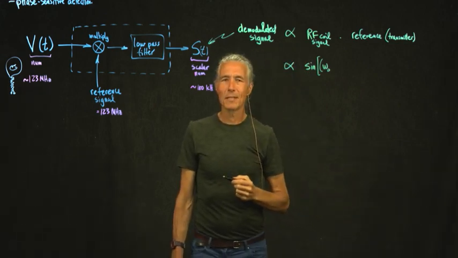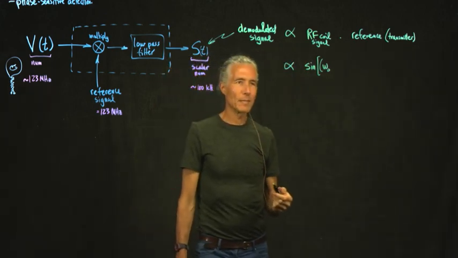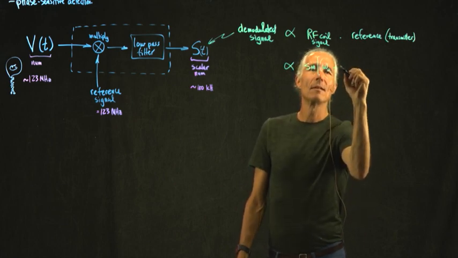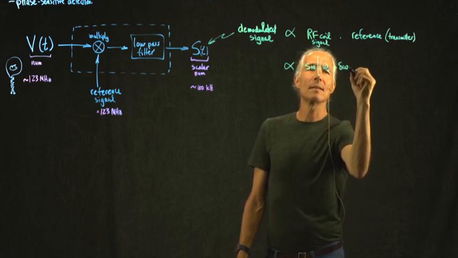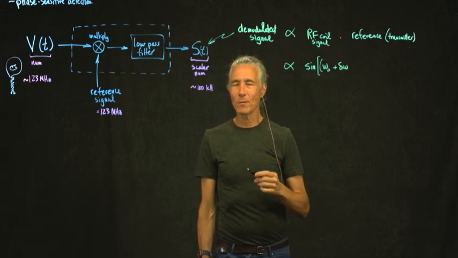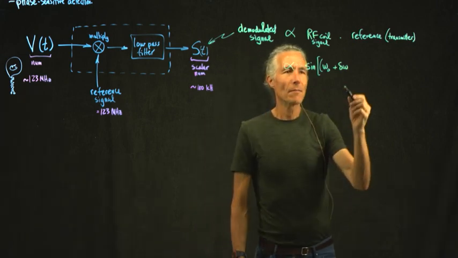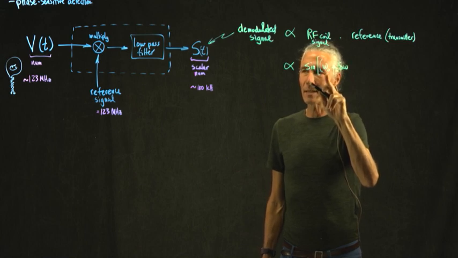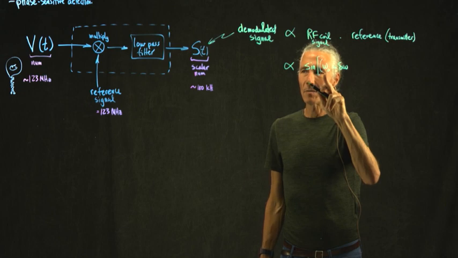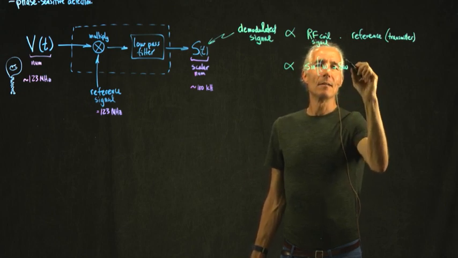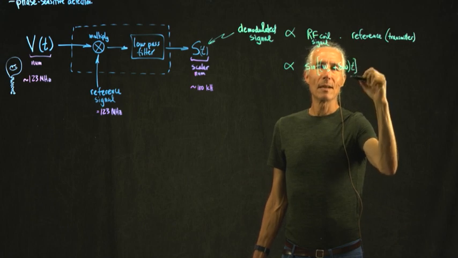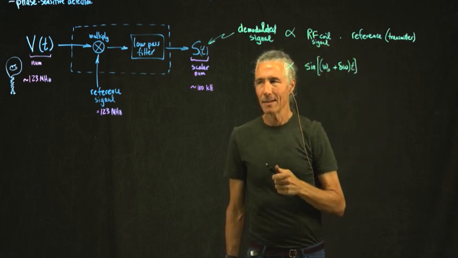That's the center Larmor frequency, but there might be a frequency offset in it. So we have a frequency offset, delta omega, and the frequency is cycles per second, or as angles per second, radians per second. But then we have to multiply it by time in order to get an angle, because we're taking the sine of an angle.